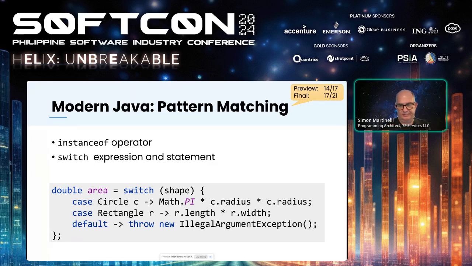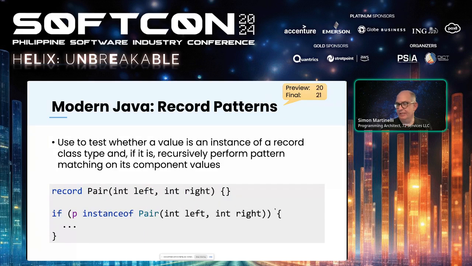And finally, this was also combined with the record pattern in Java 21, so that you have the structure of a record in the pattern matching. So for example, if you have an instance of a Pair, we can directly define the parts of the pair, or the attributes of the pair, and directly access left and right as variables in our code. So this comes in very handy.